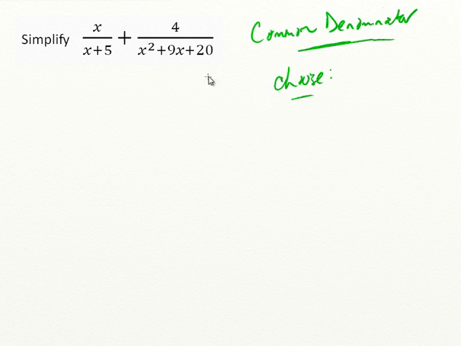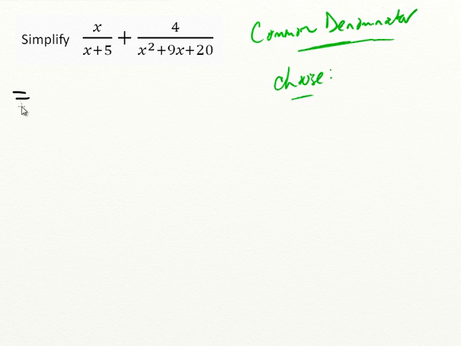It's a little hard to tell right now, and the reason why it's difficult to tell is because of this denominator here on the right side. It is a trinomial. And in order for us to choose a common denominator, we need to express it in factored form. We want to have all of our terms involved with multiplication.